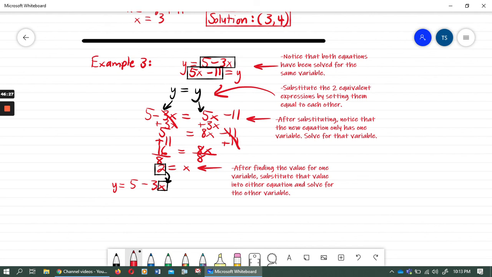We still have the 5 minus 3, and instead of writing x, we substitute the value we just found, x equals 2. Negative 3 times 2 gives us negative 6, and 5 minus 6 winds up being negative 1.